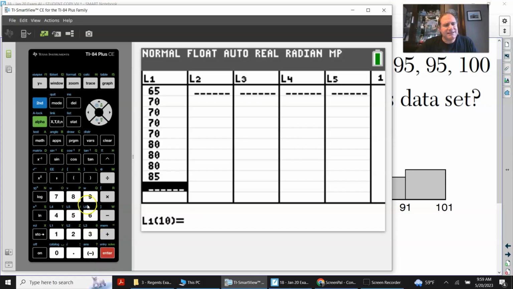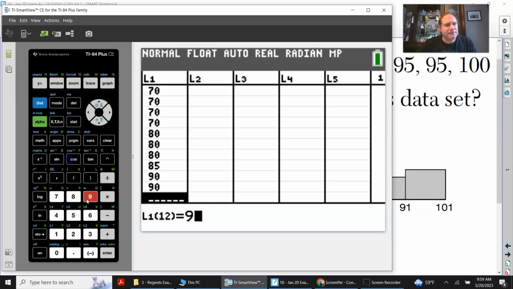We have 2 90s. We have 3 95s. And 1 100. We have 15 numbers in there. It's waiting for the 16th, and I'm going to check: 1, 2, 3, 4, 5, 6, 7, 8, 9, 10, 11, 12, 13, 14, 15.